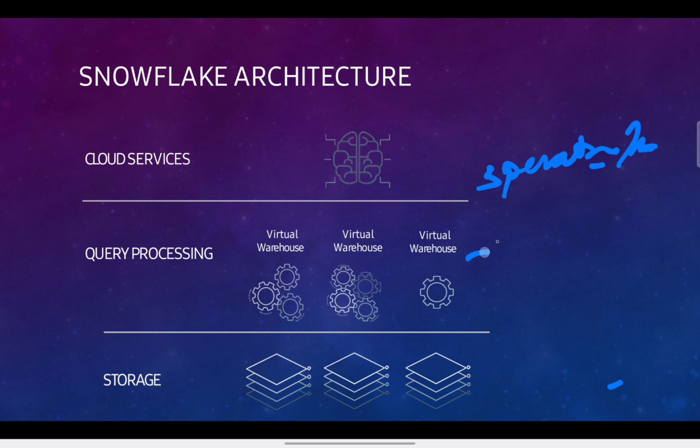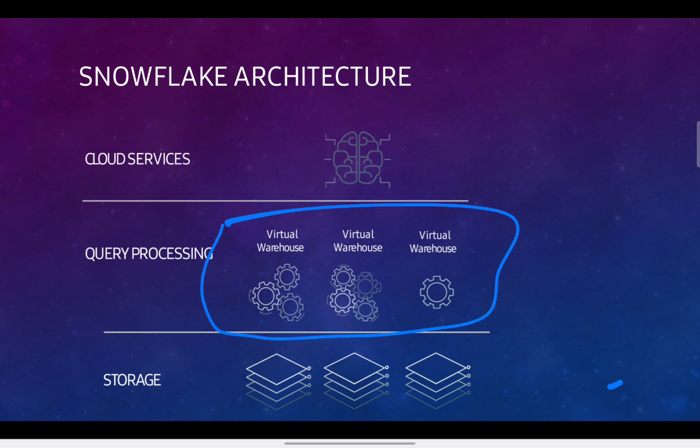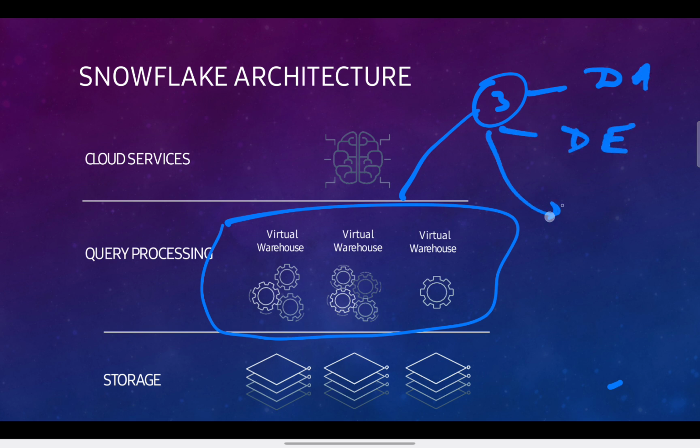So you can scale the compute power also. For example, in the same account there are three different users: one is a data analyst, one is a data engineer, and next is a machine learning engineer.